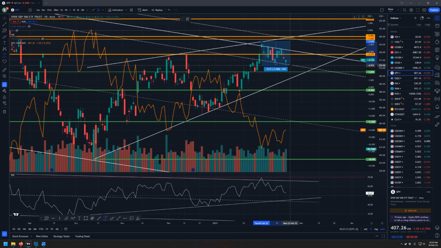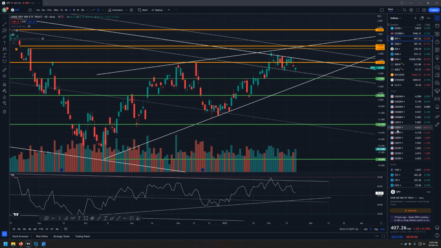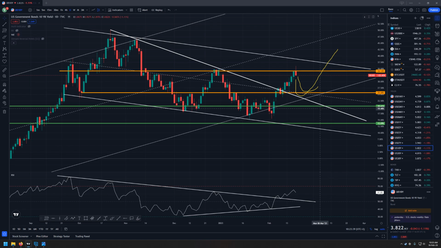So you have an 18% move in the 10-year, and only a 3% move down in SPY. So this is not really going to hold for long. Eventually gravity will catch up to equities.